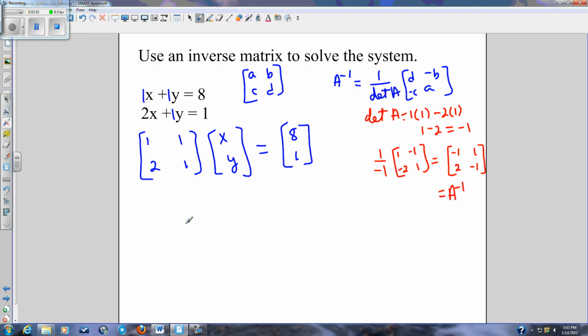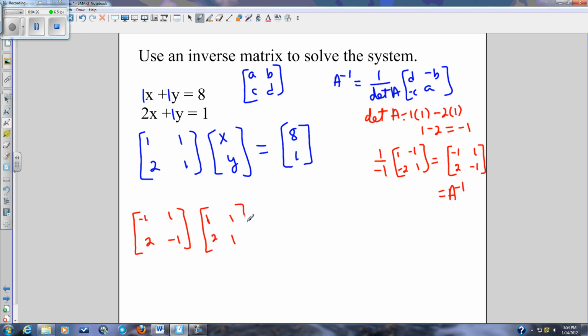So what we're going to do is multiply each side of our system of equations by that inverse. I need to write down also the original matrix there. So we have our inverse times the original, 1, 1, 2, 1.